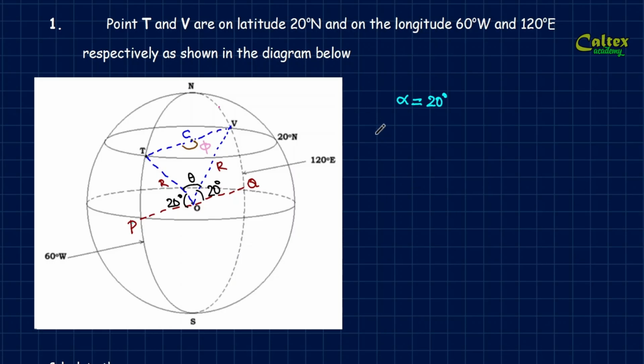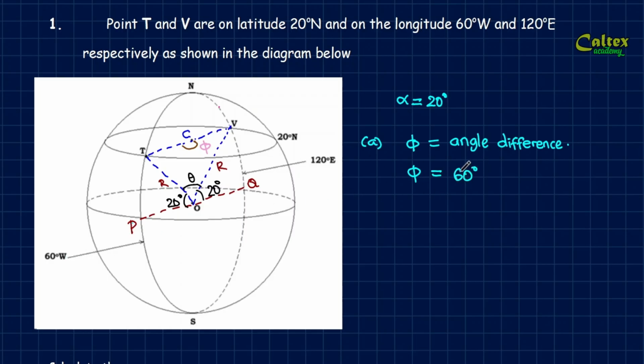Since the first question A is saying we have to calculate the distance TV via this small circle, what we have to do is to get this phi. So the phi is the angle difference. Since they're located in two different hemispheres, the western and eastern hemisphere, we need to add the two angles.